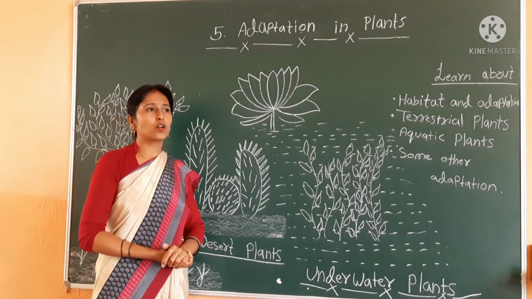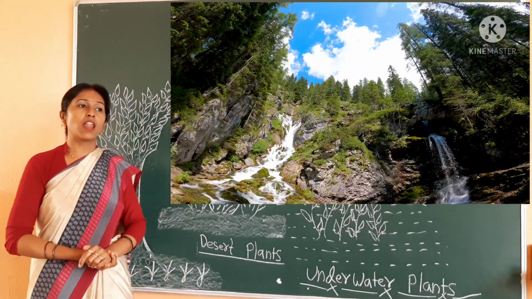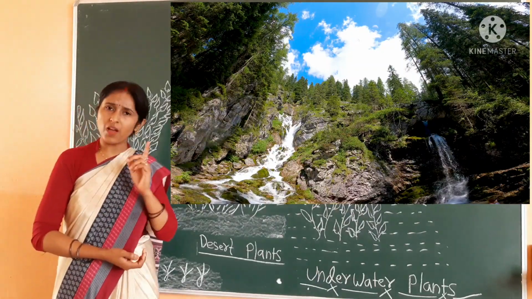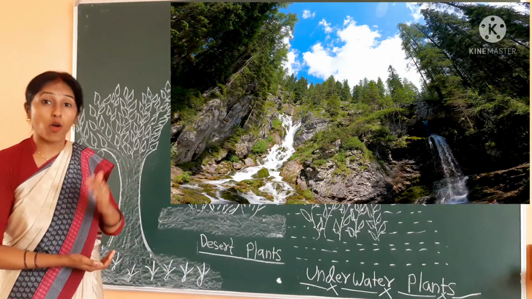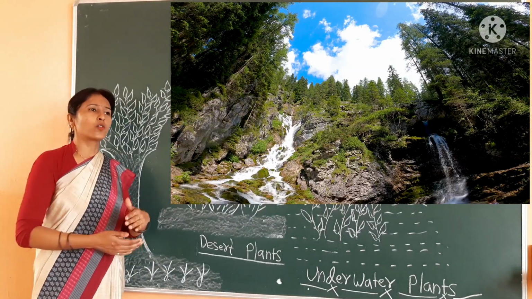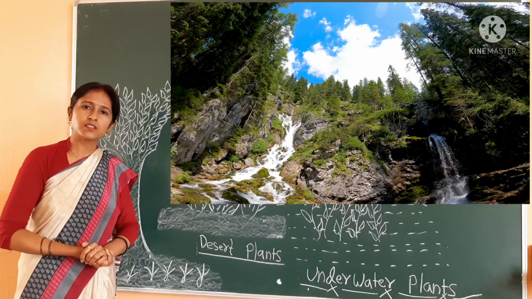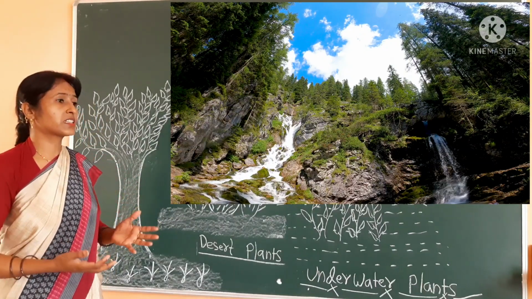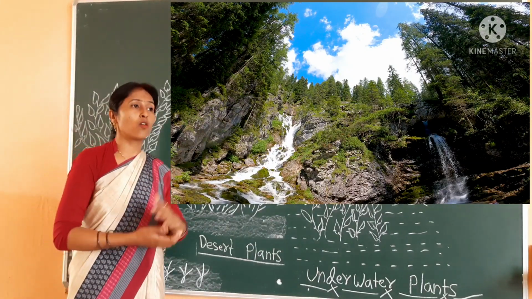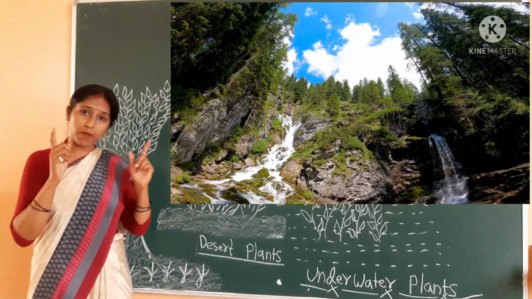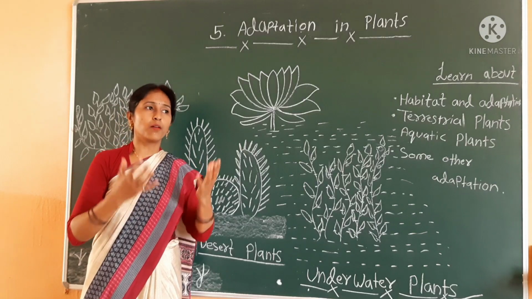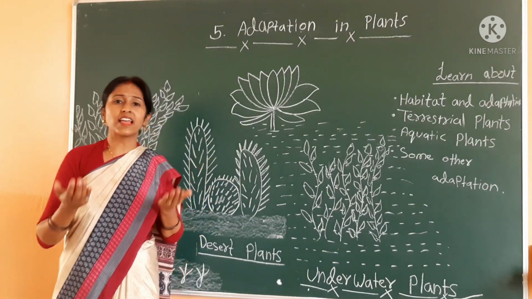Some plants grow on mountains, like coniferous trees. Remember, in our GK quiz time, we learned about the coniferous trees, which grow on mountains, where there is a lot of snowfall. Their leaves turn into spines, so the snow does not collect there.